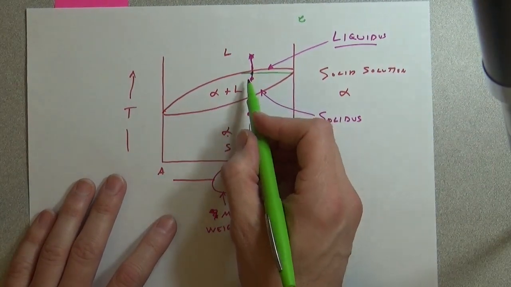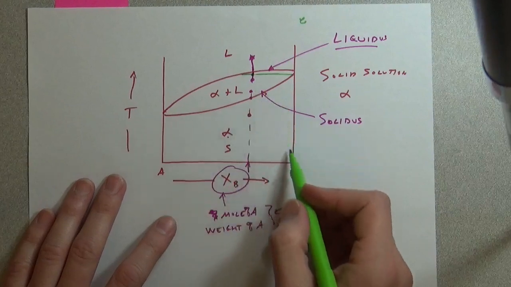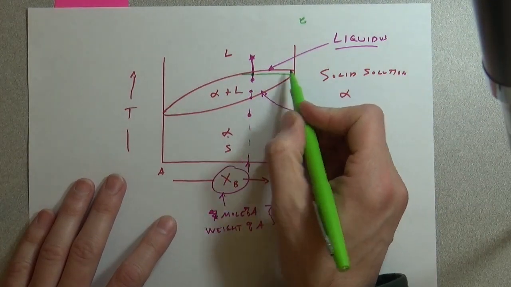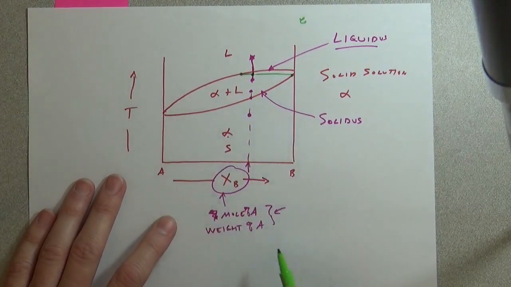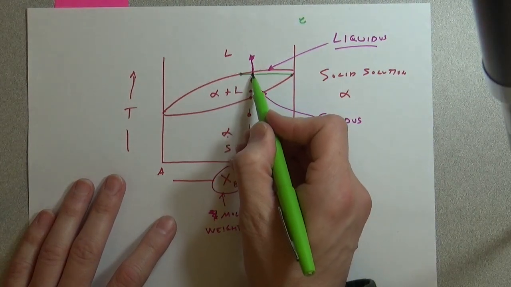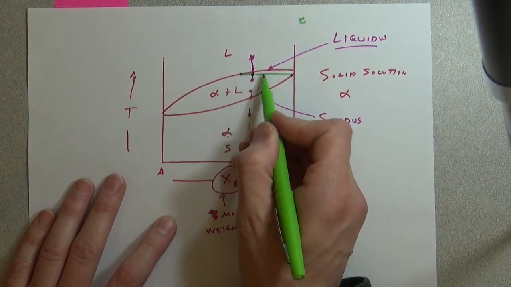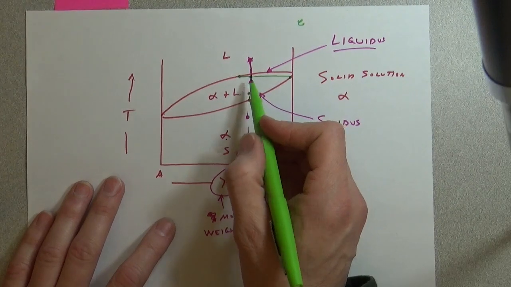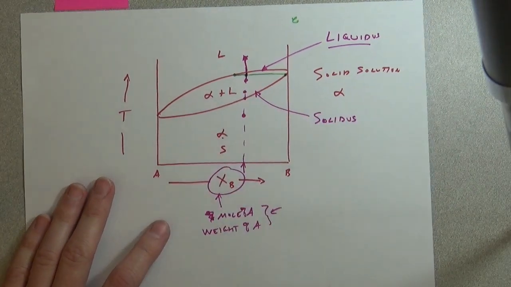And that horizontal line will touch the solidus and the liquidus, and then we have where it touches our composition line, and that subdivides our tie line into two parts.